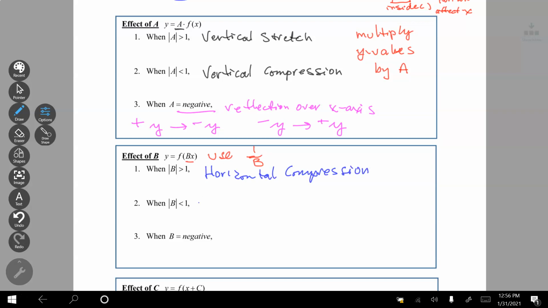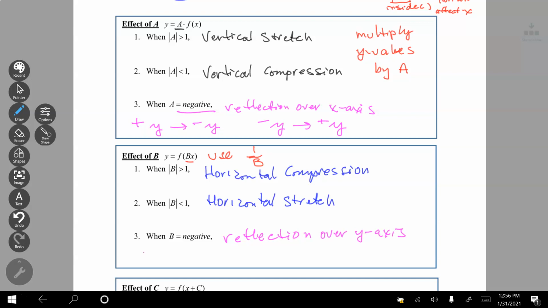And B is smaller than 1, like a half. Well, 1 divided by a half is really the number 2, so this is a horizontal stretch. And when B is a negative value, you're going to reflect over the y-axis.